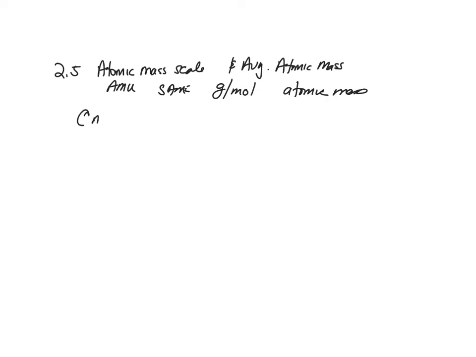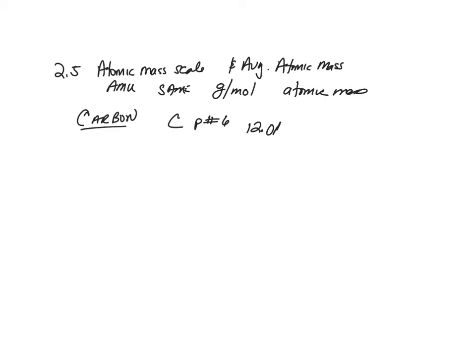So if you look up carbon, and this is what you're going to need to do when you're doing your reactions and stoichiometry, I see carbon is proton number 6, so it's element number 6, and I see another number, 12.01.